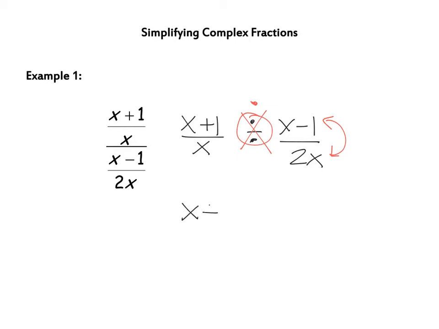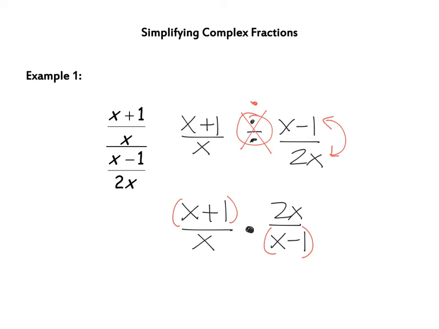So we need to just change that to (x + 1)/x times 2x/(x - 1). And then since we're factoring, we ask ourselves if anything factors. And in this problem, x plus 1 is a binomial already factored. 2x is a monomial, x is a monomial, x minus 1 is a binomial already factored.